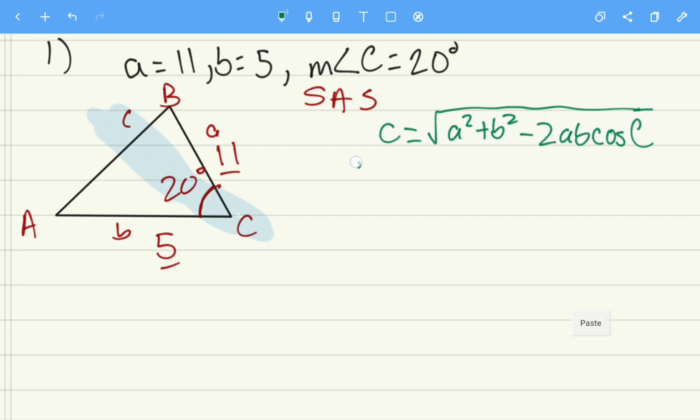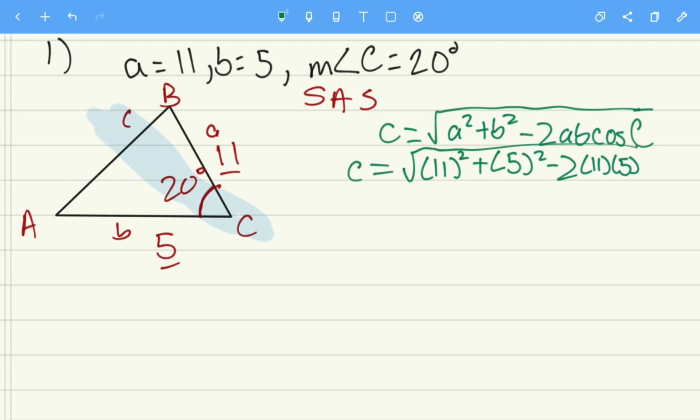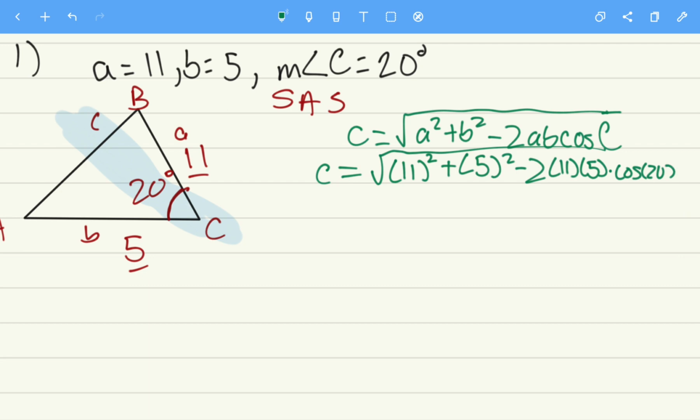I'm going to use this version of the law of cosines. To start, I plug in all my known values. c equals the square root of a, which is 11 squared, plus b, which is 5 squared, minus 2 times 11 times 5 times cosine of 20. The square root has to be carried through all of this.